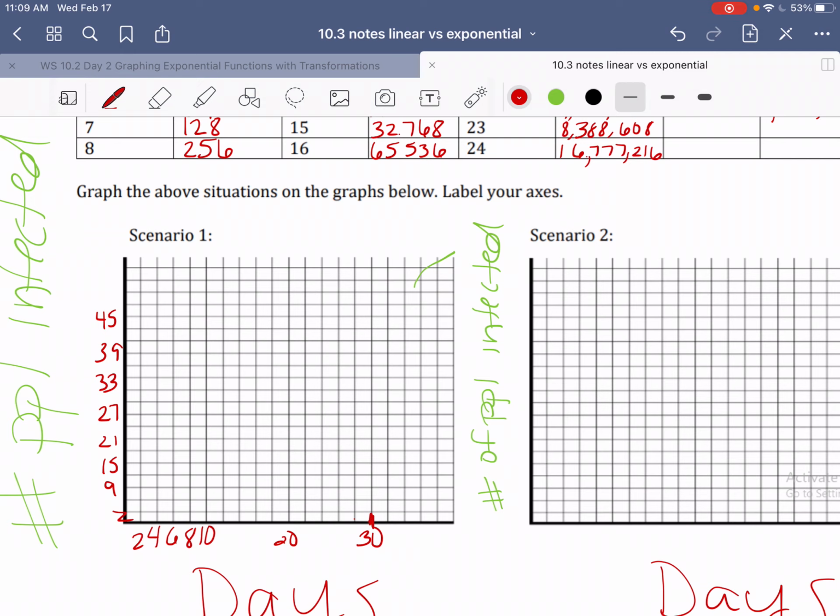Hopefully I have enough room. 51, 57, and then I might have a little loner up there at 60. So when I graph this, I should have a pretty straight line unless I did not number that correctly.